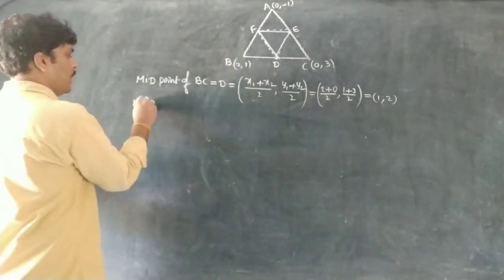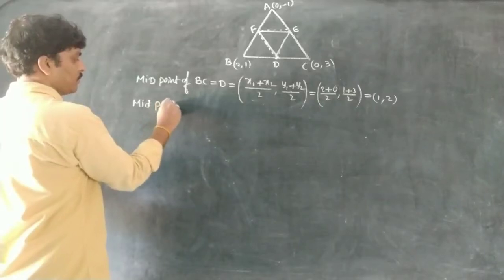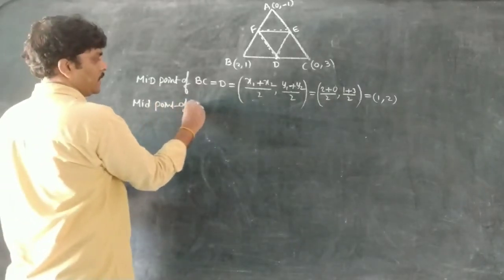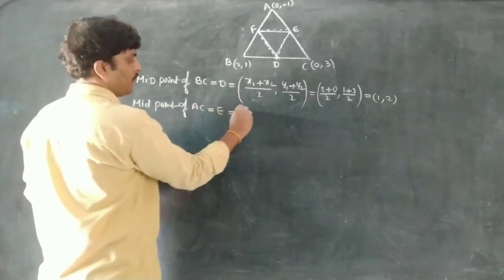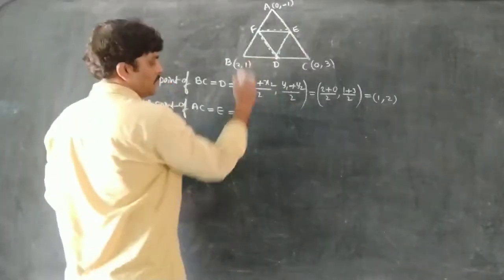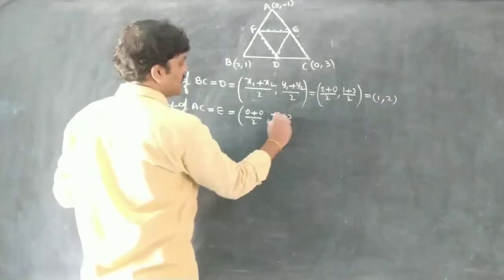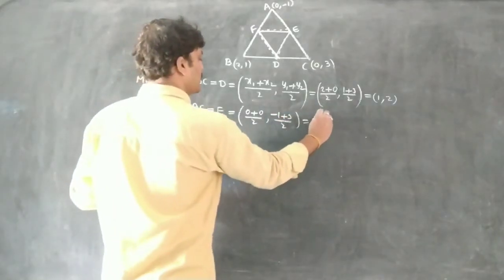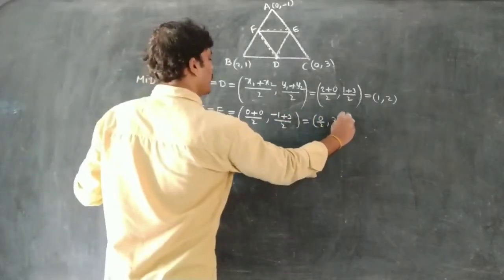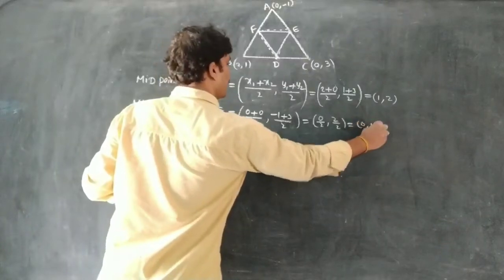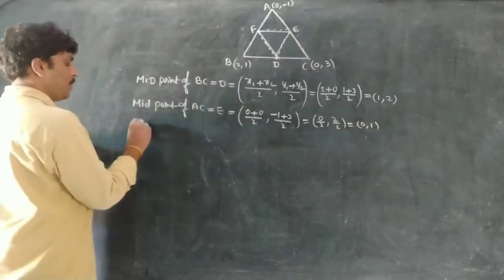Similarly, midpoint of AC, that is E. Already we wrote the formula. So 0 plus 0 by 2, minus 1 plus 3 by 2. 0 plus 0, 0 by 2, 2 by 2. 0 comma 1.